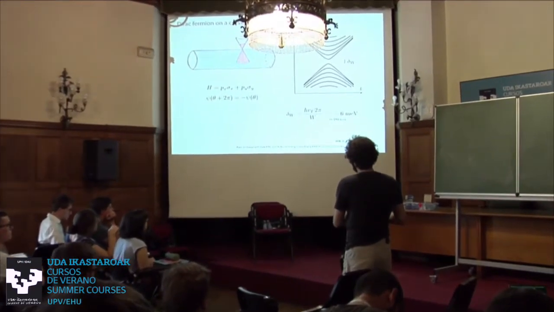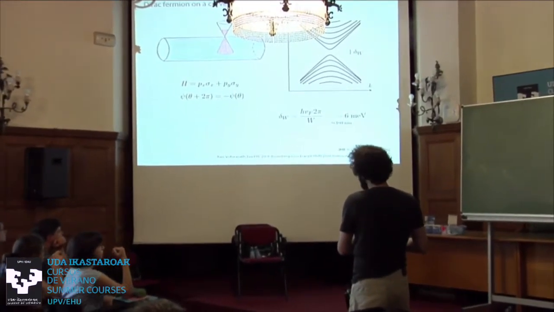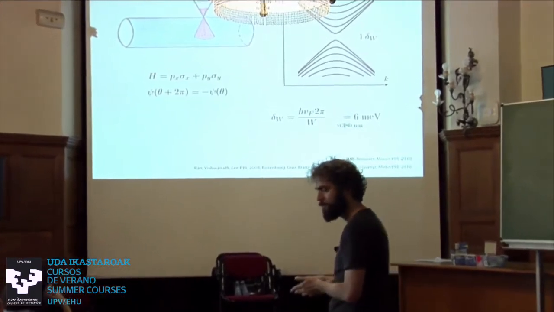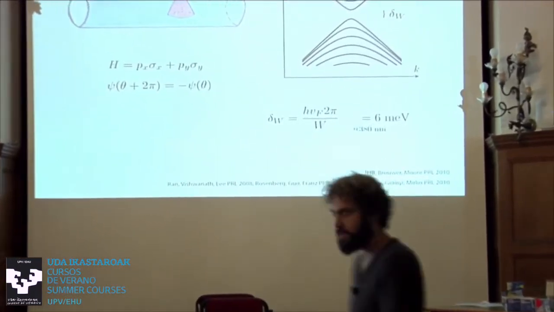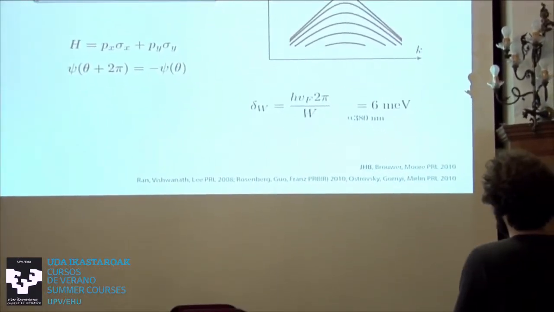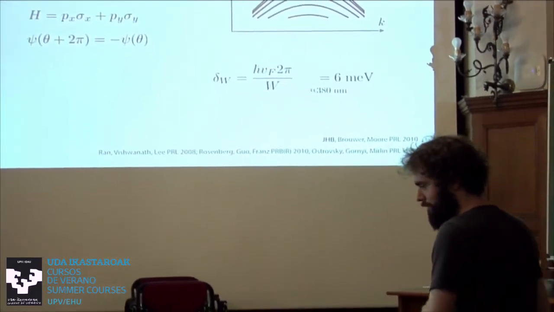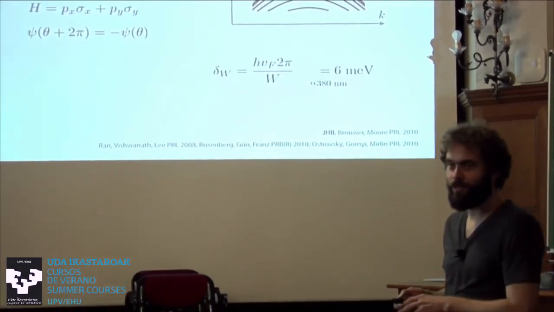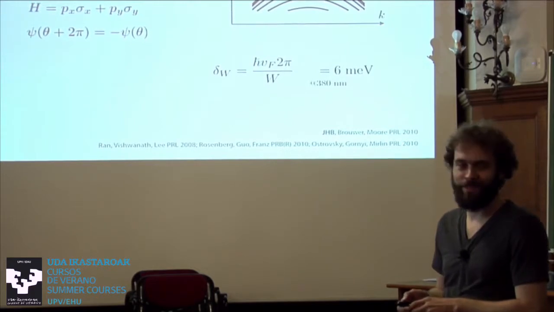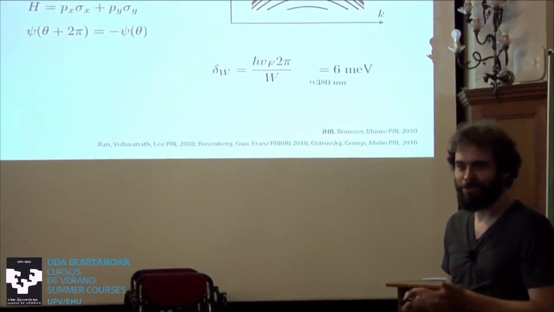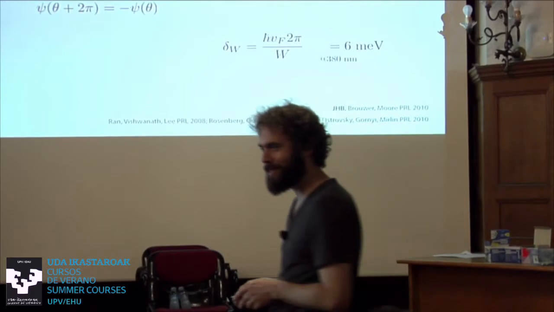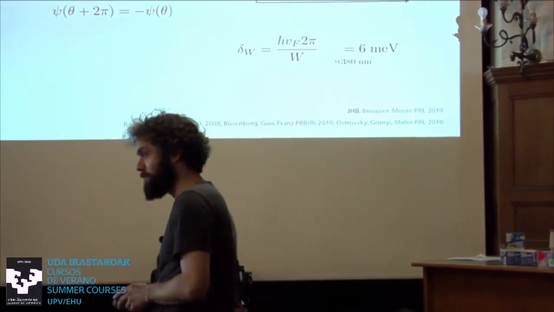If I take a circumference of 380 nanometers, this is a typical wire that they have in experiments, then I get a gap of 6 meV, which, if you're a theorist, maybe it doesn't mean anything. But it's a large enough gap that you can actually see it easily in experiments.